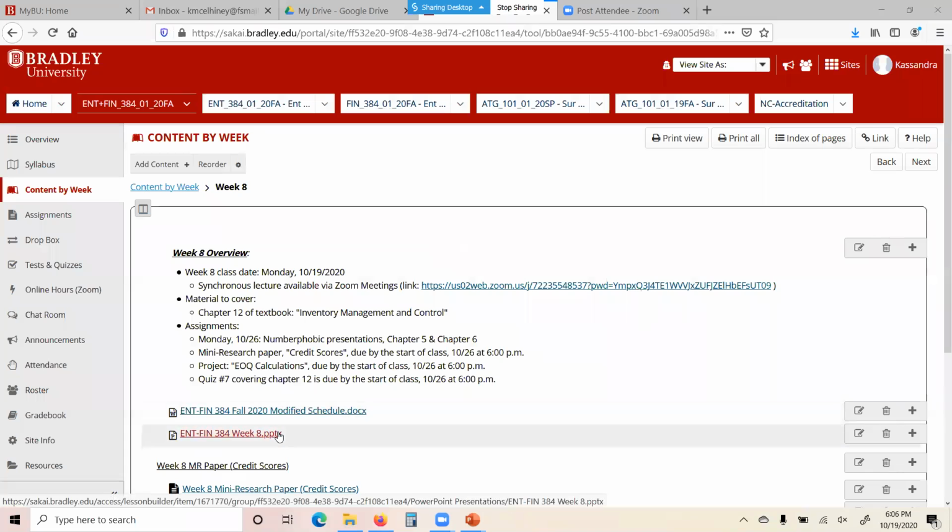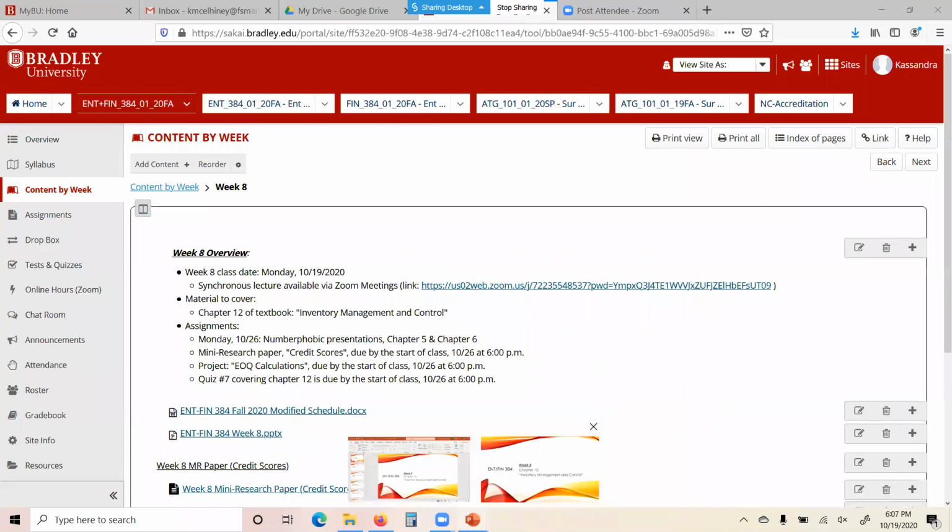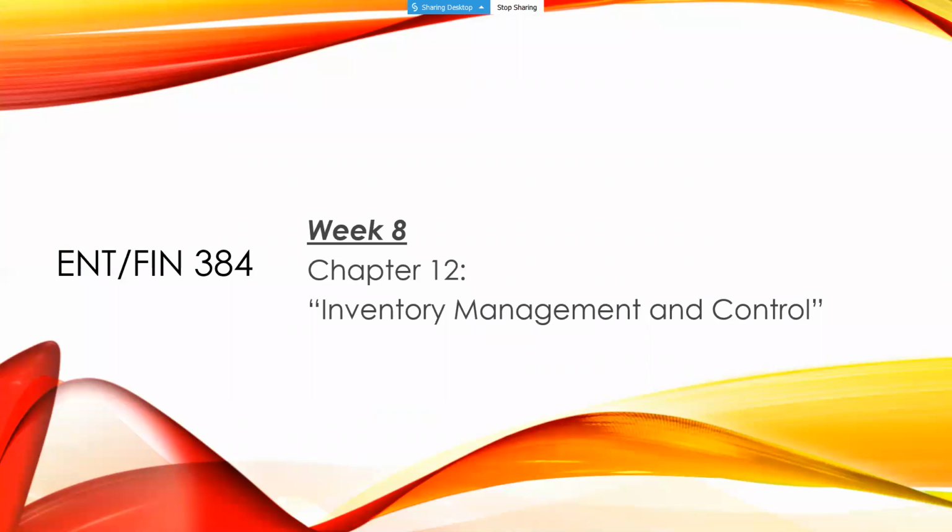It gets us to our week 8. This is chapter 12, which is on inventory. Bulk of the material here is on economic order quantity, which is the second section.